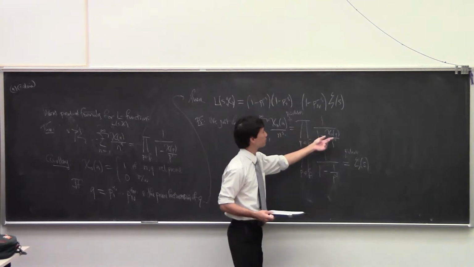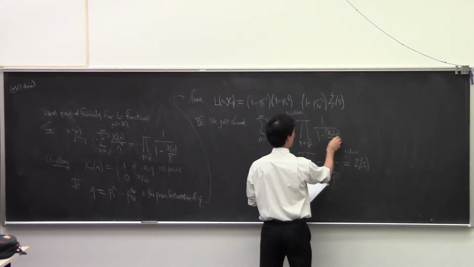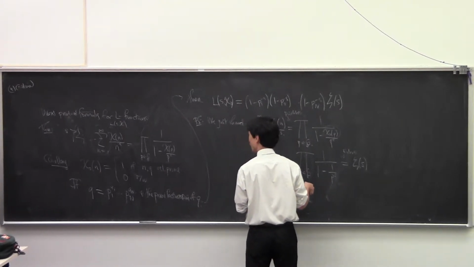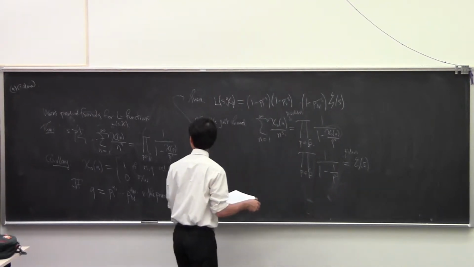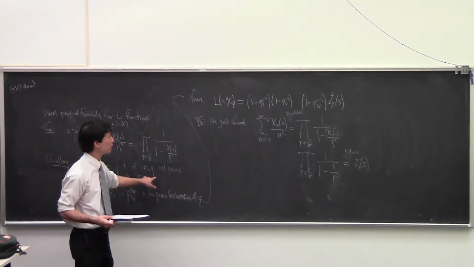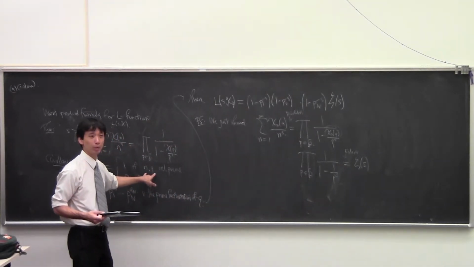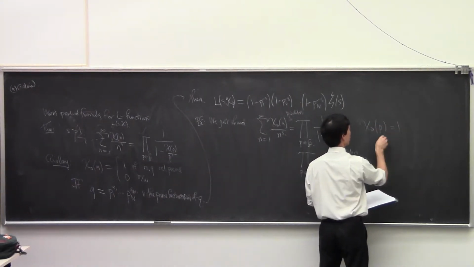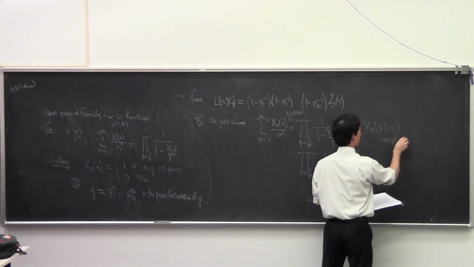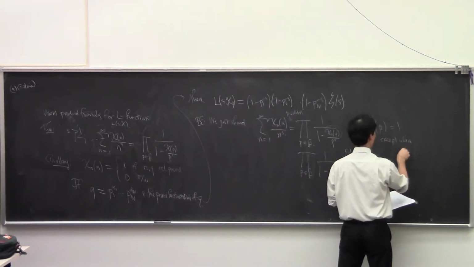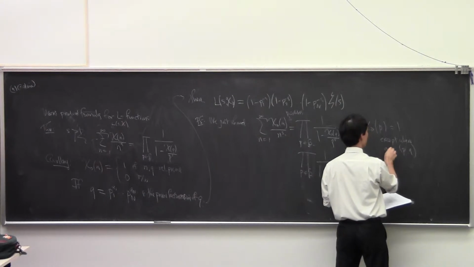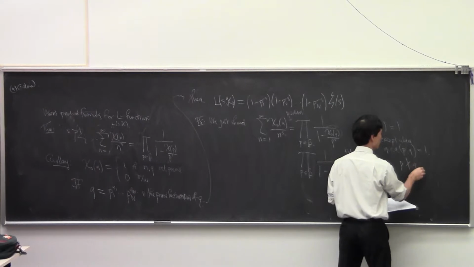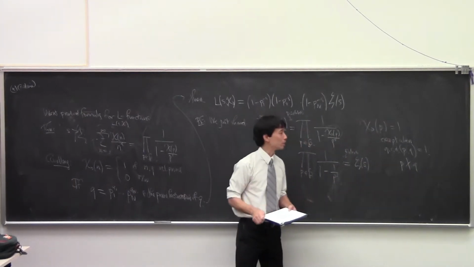This thing is going to be 1, except when p and q are not relatively prime. So this thing is equal to 1, except when p and q are not relatively prime, that is to say, when p divides q, because p is prime.